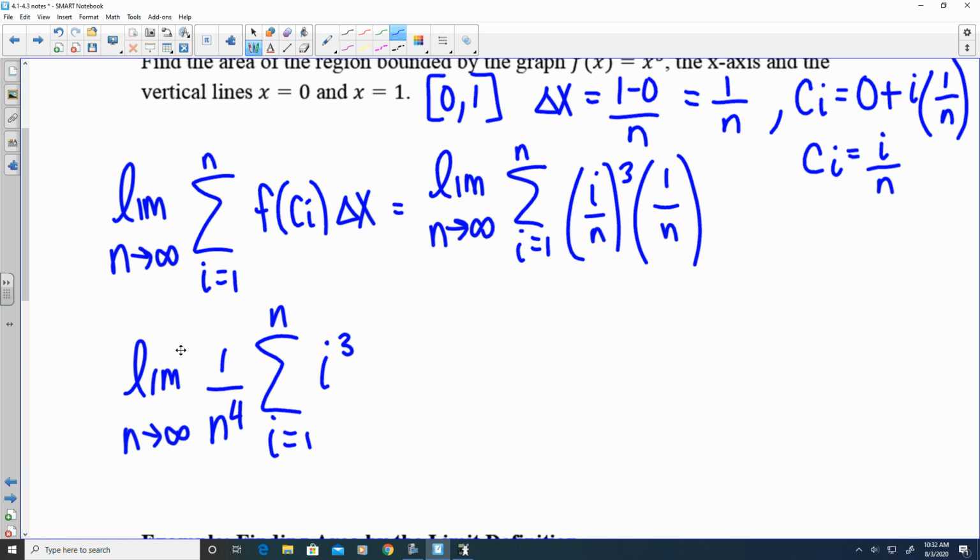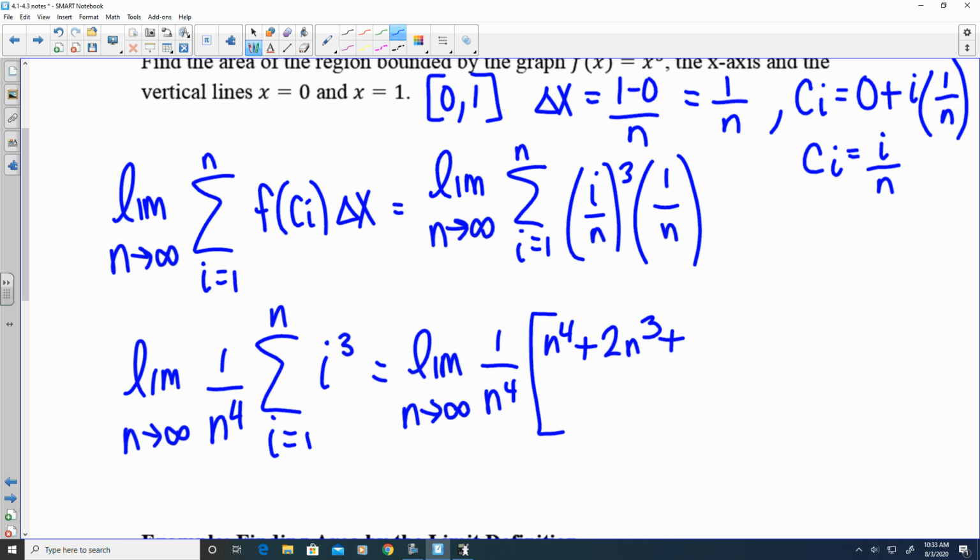Now we do our summation substitution for I cubed, which is n to the 4th plus 2n cubed plus n squared all over 4. And since we're doing n approaching infinity, I really just want to make sure that our powers are the same on the top and the bottom.